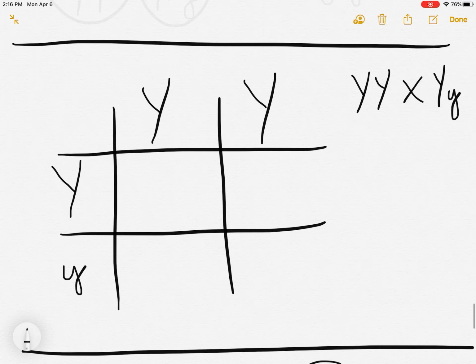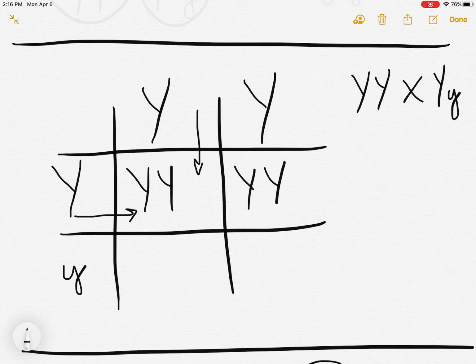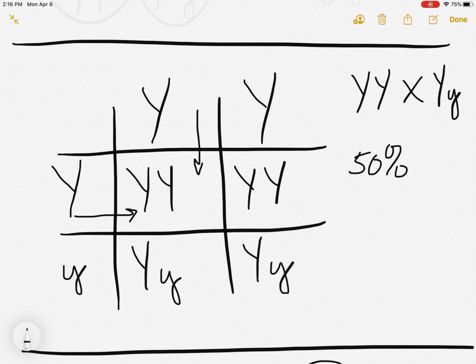So let's see what happens. If we cross the first one this way and down, we get 2 capital Ys. The next one, 2 capital Ys. The next one, and the last one. What this is, we get 50%, or half of the 4.